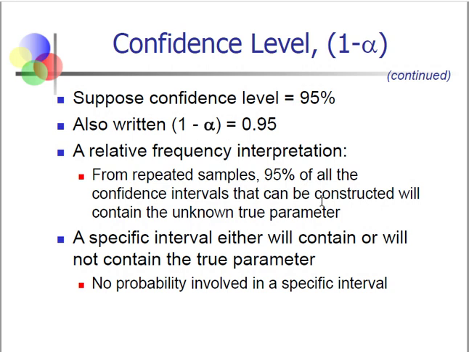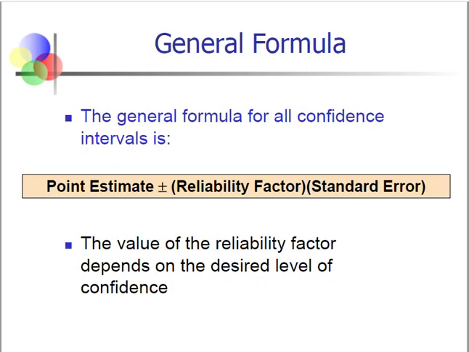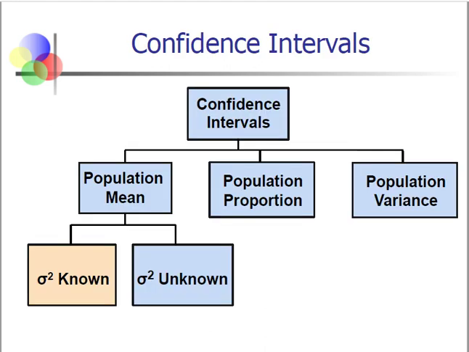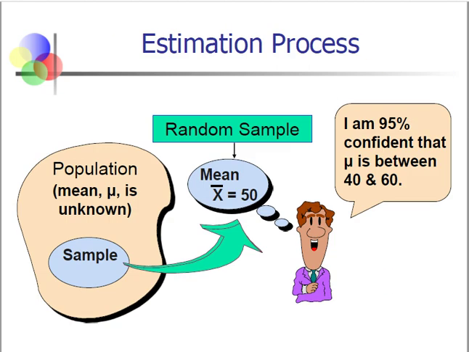Then we're saying that 1 minus alpha is equal to 0.95. Okay, so that means our alpha will be 0.05. So a specific interval will either contain or will not contain the true parameter.